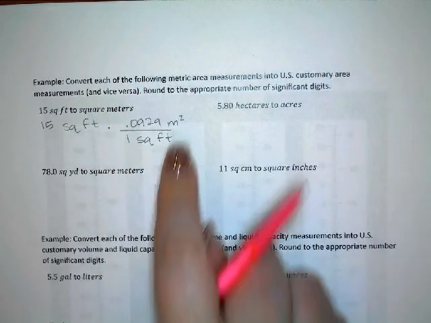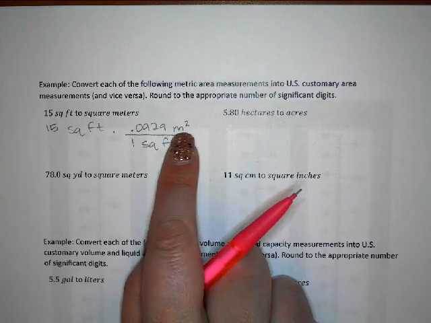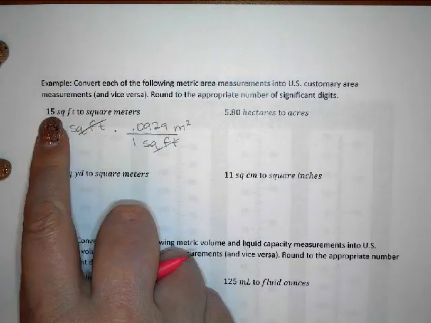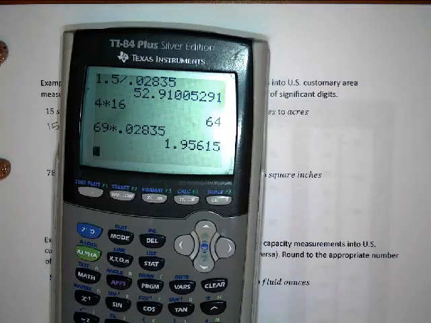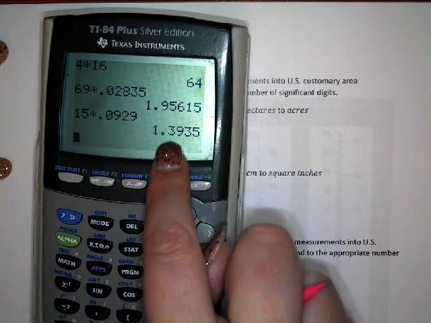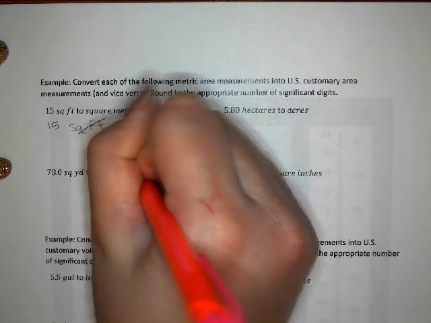And you can write SQ, or you can write that it's meters squared. Either one is fine. So the square feet are going to cancel out. We have 2 significant digits, so I'm going to have 2 significant digits in my answer. So 1.4 is the answer with 2 significant digits. 1.4 meters squared.